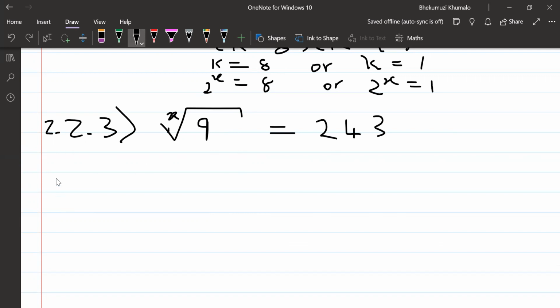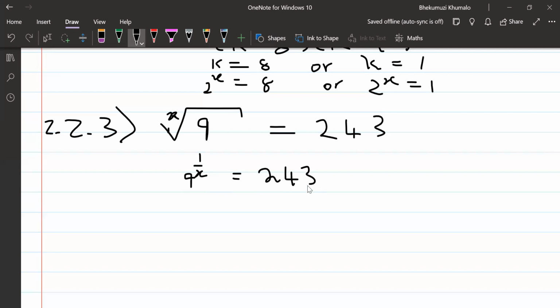So whenever you had something like square root of 9, that just meant 9 to the power 1 over 2, correct? So in this case, we have the root to be x, so we have 9 to the 1 over x, that is equal to 243.